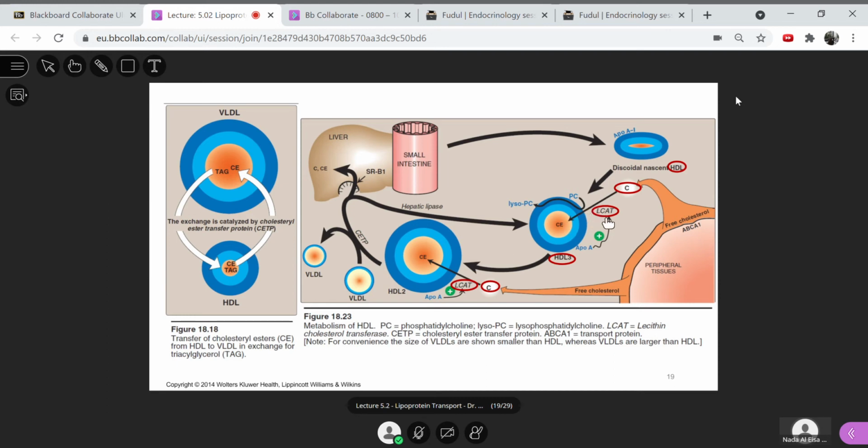The esterification is, as we said, catalyzed by LCAT, activated by ApoA1, and the fatty acyl groups are provided by phosphatidylcholine. So that's our HDL3. With further cholesterol ester uptake, we will have HDL2. Because of the higher content of cholesterol esters here, we need to transfer some to VLDL. So here is the exchange with CETP, and hepatic lipase also releases some of the triacylglycerol.